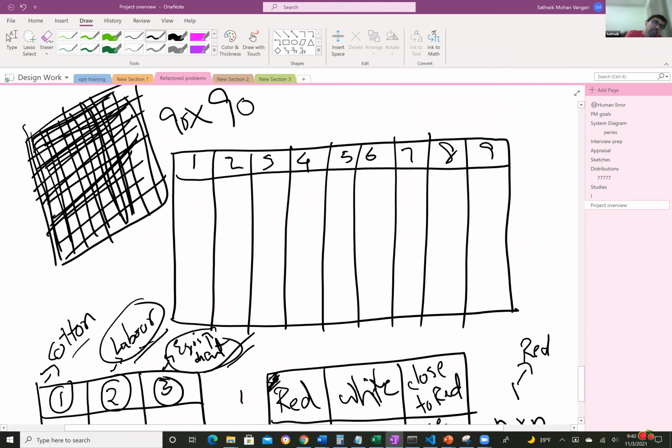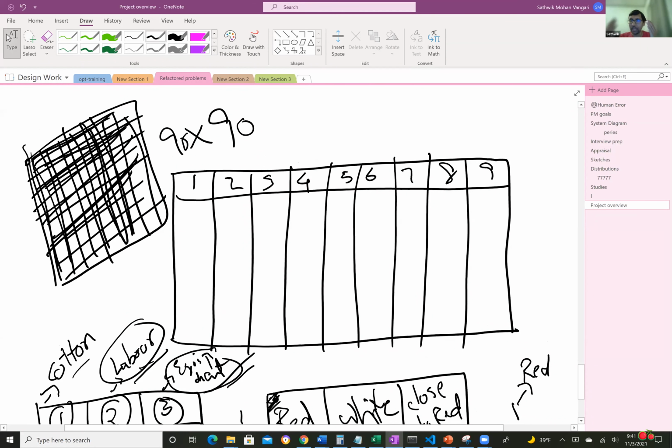So each block will be a very tiny cell. You really can't, with the naked eye, identify, okay, this column should be there, this shouldn't be there. It's impossible for you to process the entire matrix manually and then decide what features should be there and what features shouldn't.